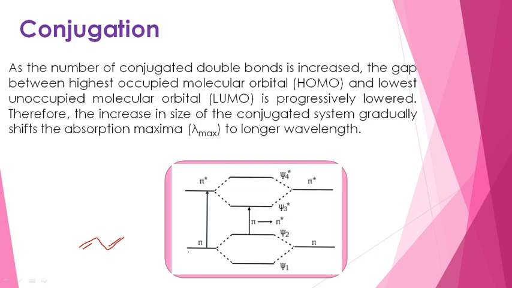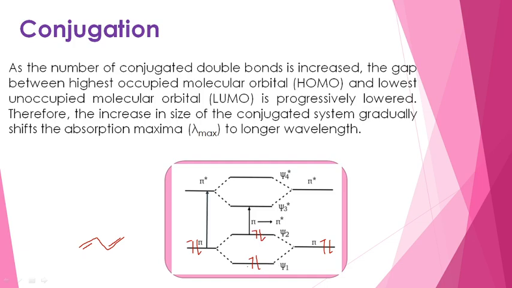Here we have 2 ethylenic double bonds, which means 2 pi bonding electrons from each, totally 4 pi bonding electrons.